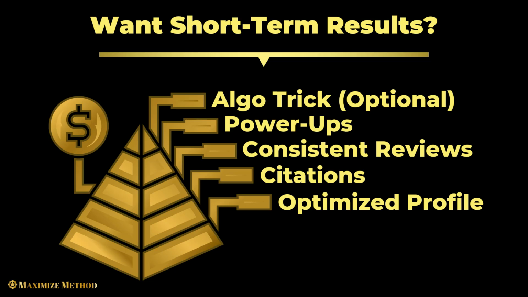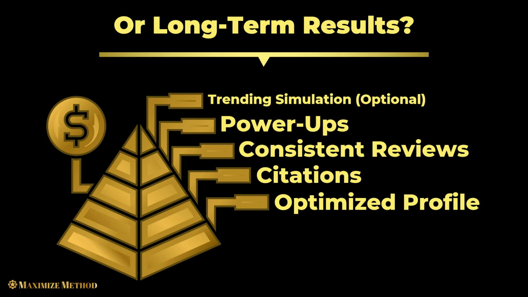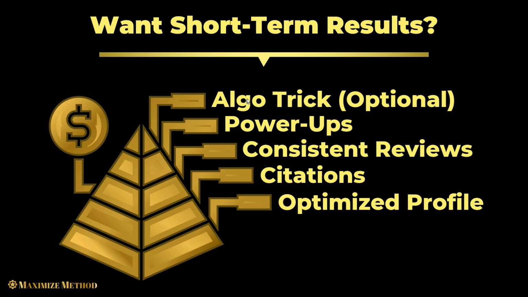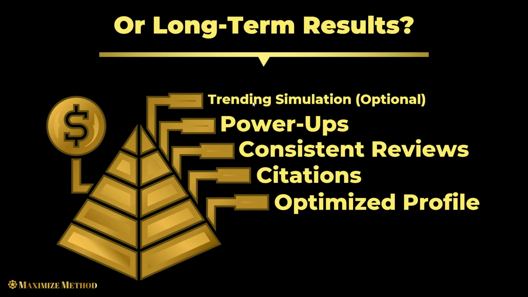Okay. So now a word of caution. Do you want this to have short-term results, or do you want it to have long-term results? Okay, so some of these slides that you've seen before have the algo trick as the top of the pyramid, and it's always got this optional thing here. And what it really should be is smaller print, optional.